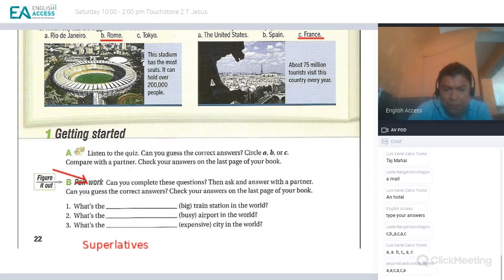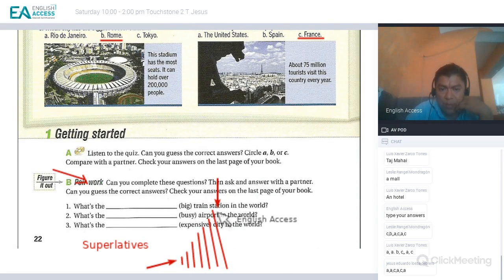For example, the extremes are always the top, the most, the biggest or the smallest, the most big or the most small. Always extremes. Yes?